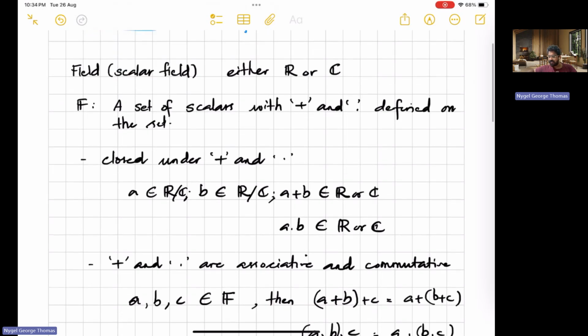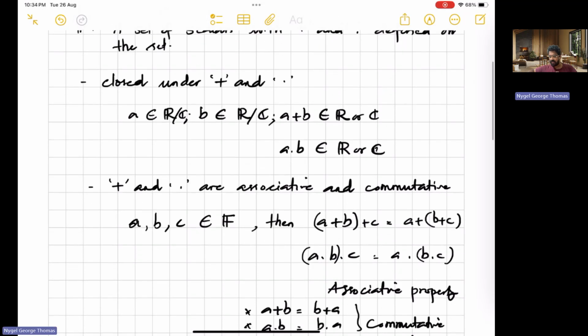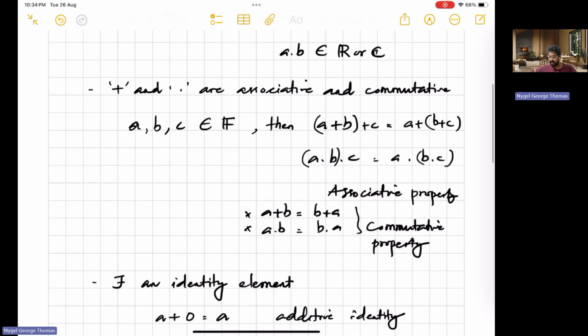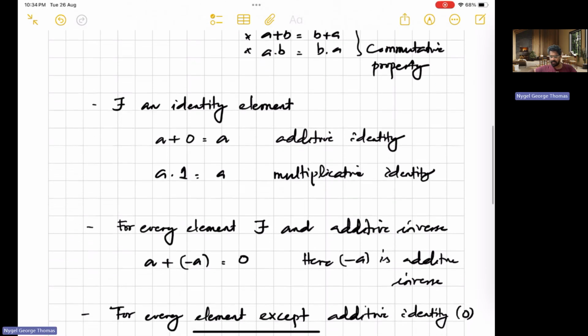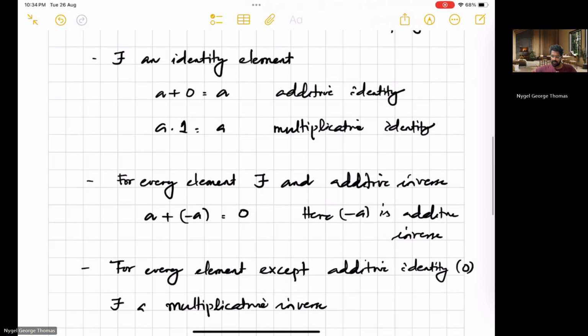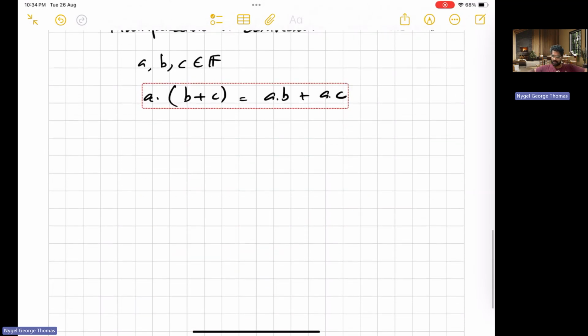A set of scalars with plus and multiplication defined on the set. It's closed under addition and multiplication. They're associative and commutative. There exists an identity element, an additive inverse, a multiplicative inverse, and multiplication is distributive over addition.